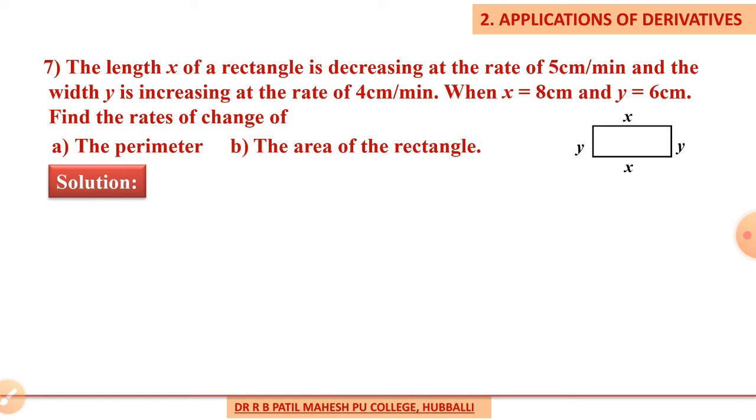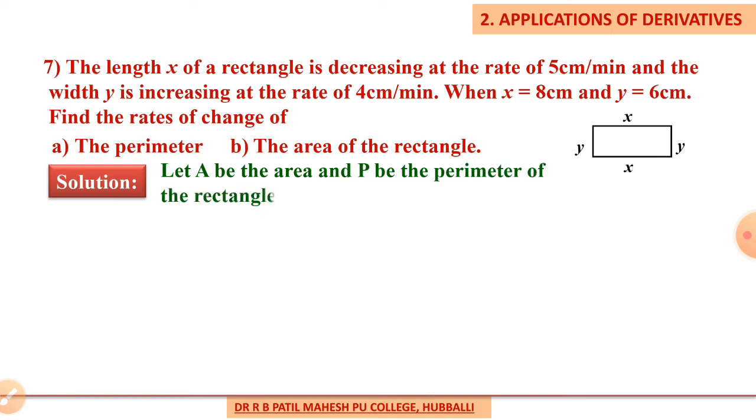So in this example, first you have to consider that this is a rectangle. So your length is x and the breadth is y. First, let A be the area and P be the perimeter of the rectangle.